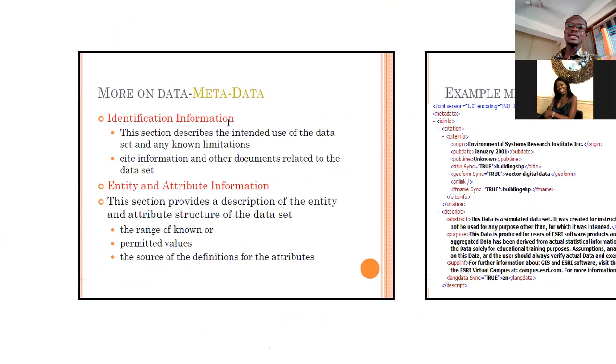Identification information should tell me the intended use of the data set and any known limitations, so that we know what kind of data we are putting our hands on. For example, please don't use this data because this data is for students only. That is identification information. Then there's a need for citation and documentation regarding the data.